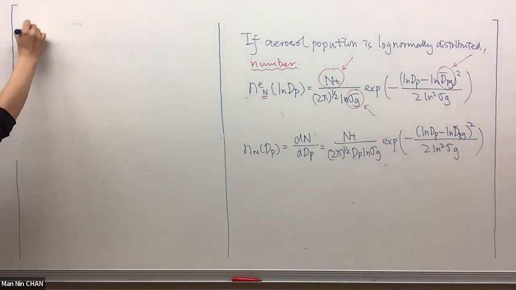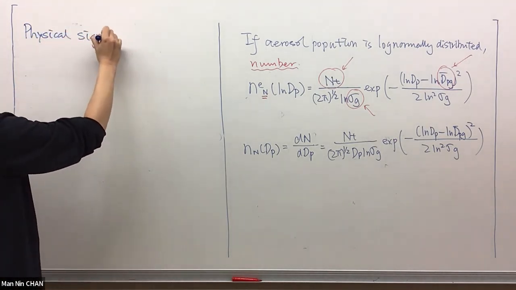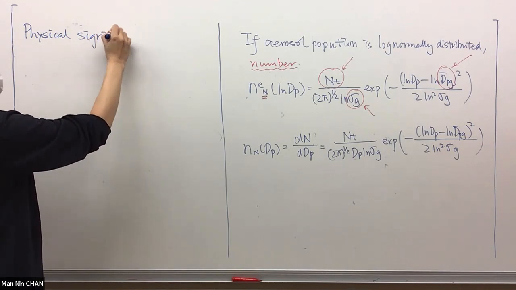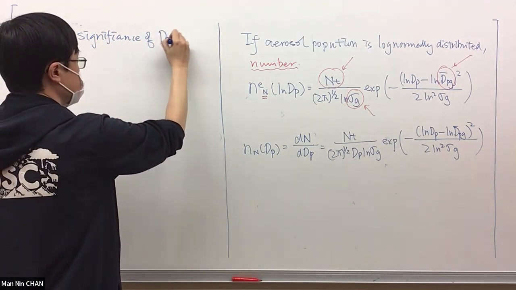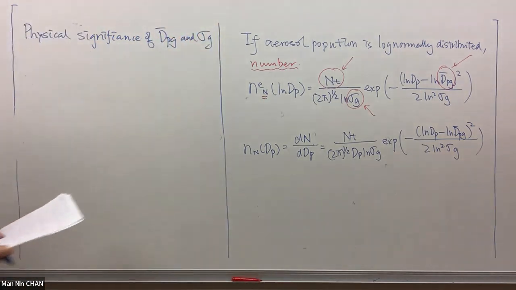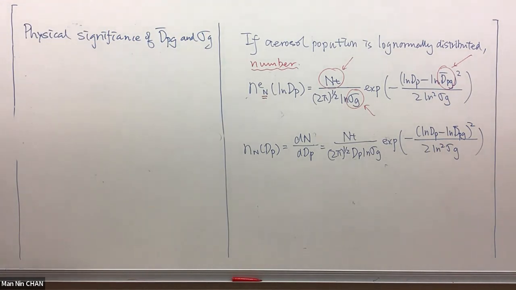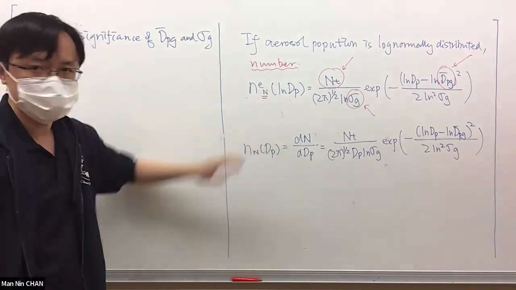So now we want to talk about these two parameters. Now you have this kind of log normal distribution function.